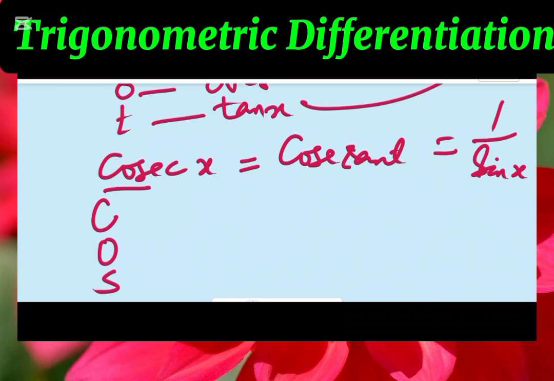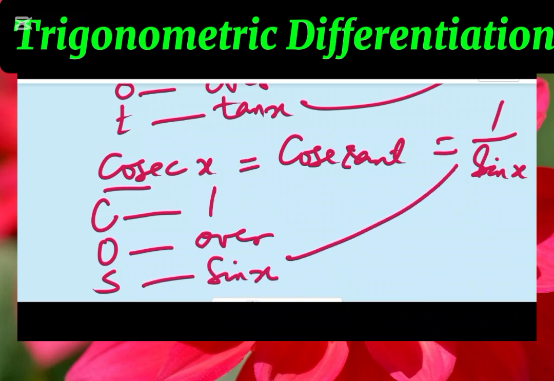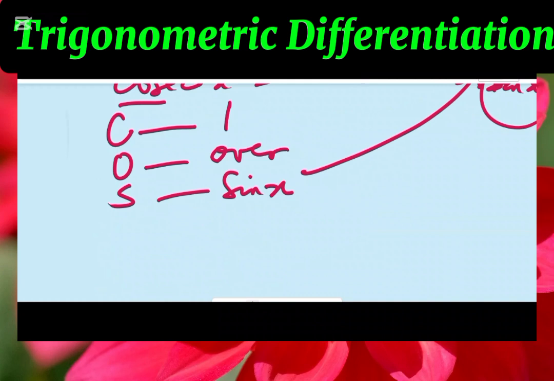Cosec: c is 1, o for over, s for sin x. So that is how we got this 1 over sin x. Having known the derivatives of the 6 basic trigonometric functions, let's solve some problems.